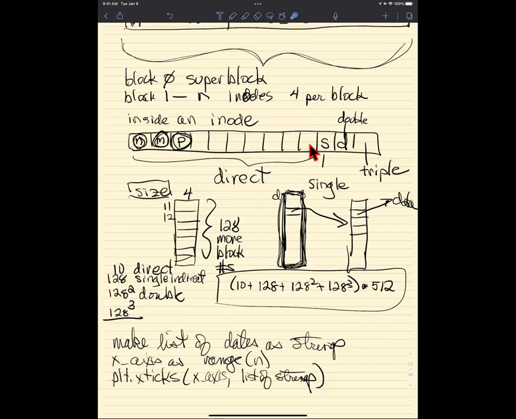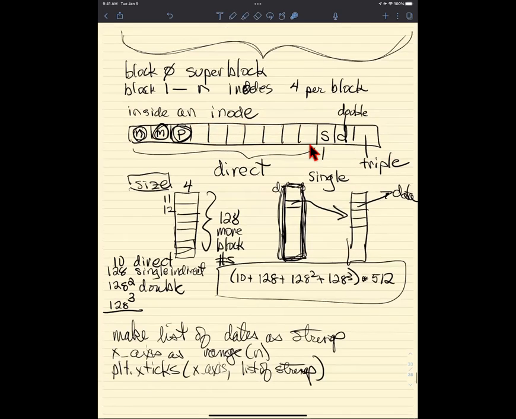Tell me if I'm reading this wrong, but what you're saying is that we're checking whether the inode has 10 direct blocks or not?